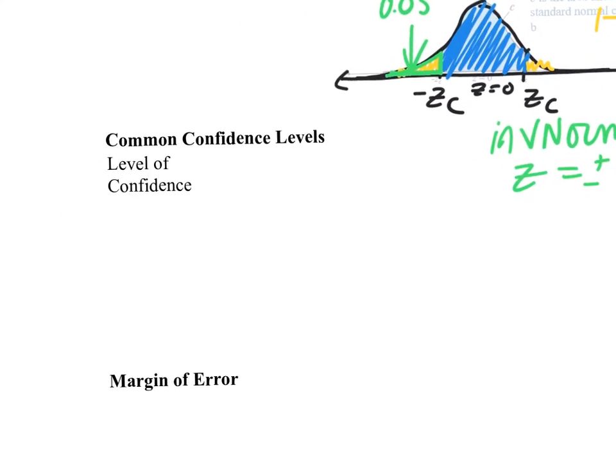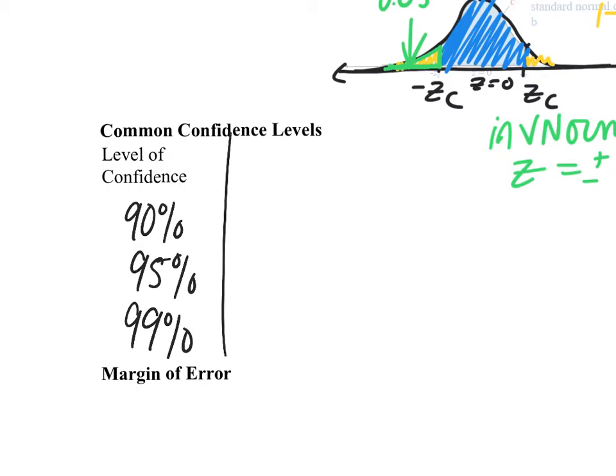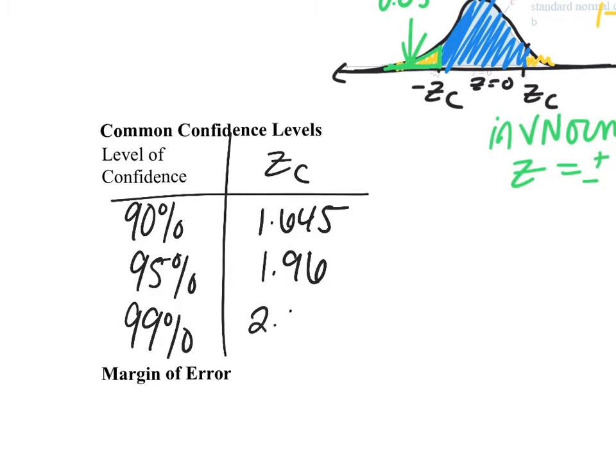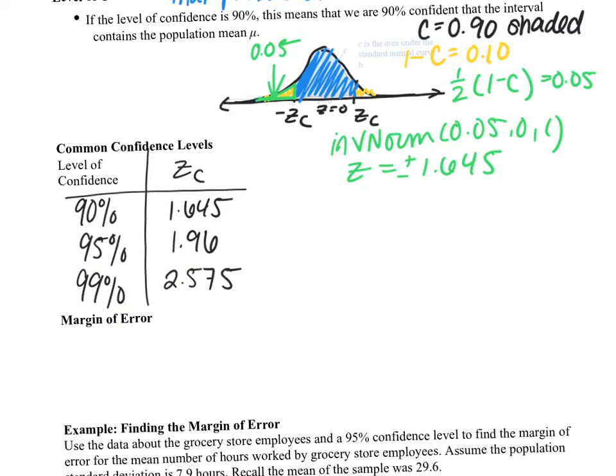Most of the confidence levels that you see, not every single one, are going to be 90%, 95%, or 99%. And the critical values that go along with that are 1.645, 1.96, and 2.575. When we actually use these critical values in calculations, we only refer to the positive ones. That's why I only wrote the positive ones there.